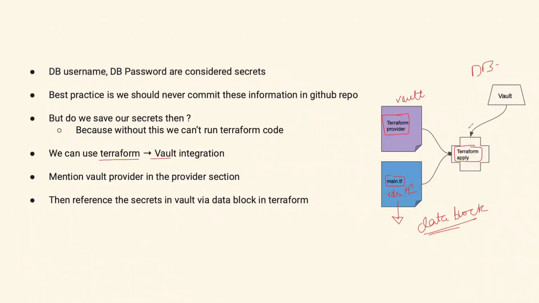So instead of mentioning the DB username and DB password as a part of your Terraform code, you save them in Vault, and Terraform will pull these details during the terraform apply runtime, and then it is going to set up the database.